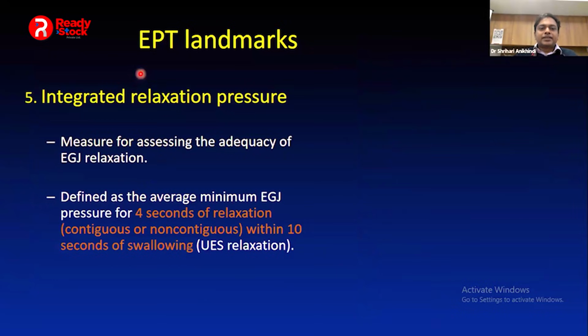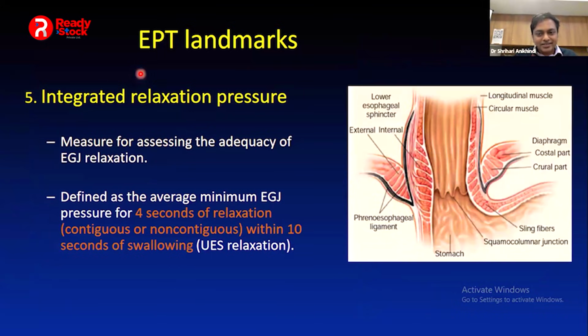Okay. Then comes a very important metric called the integrated relaxation pressure. What it is telling us is how efficiently the lower sphincter is relaxing. Okay. So you cannot use your baseline LES pressures as a measure of relaxation, because relaxation also is an active effort of the LES when the bolus goes down.